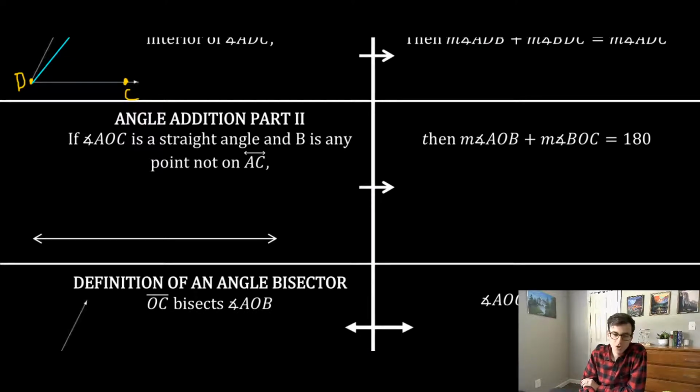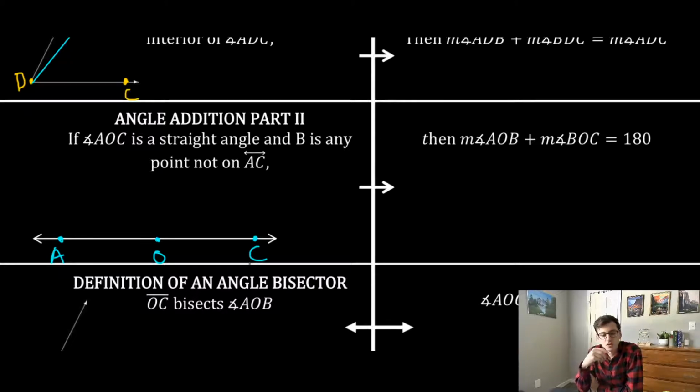Now, angle addition part 2 says if AOC is a straight angle. Now, a straight angle is really just a line, right? This is a straight angle right here. So I've got A here, and I've got O here, and C here.